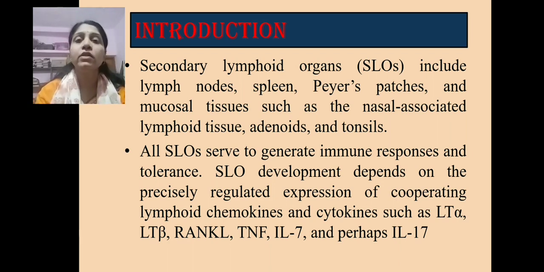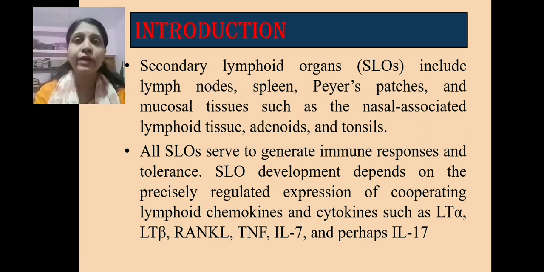Now all of the processes carried out within the secondary lymphoid organs occur in a highly regulated manner. Majorly it is the activity of the cytokines. These cytokines are secretory proteins secreted by different types of cells, and they regulate the action of all of these immune cells, specifically controlling the different types of lymphoid chemokines or cytokines.